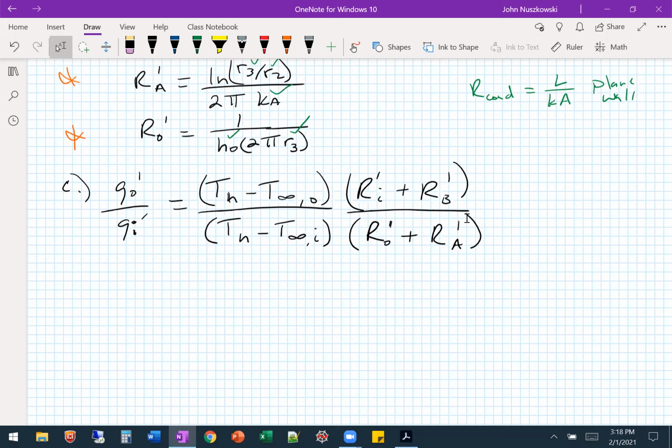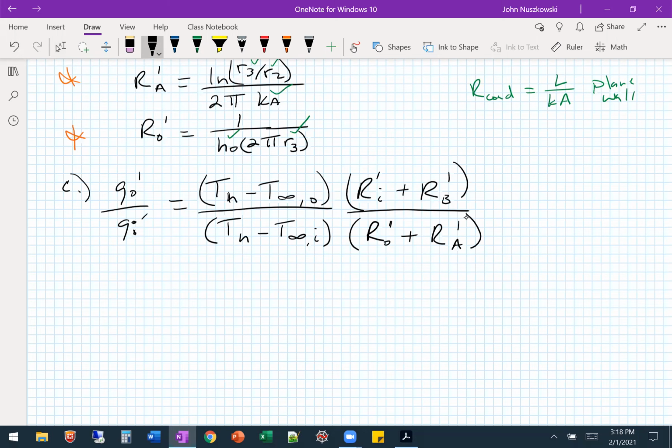Can we decrease T infinity outer? Yeah, that would be a way, though you would want to increase the outer temperature. But let's assume we can't mess with the temperatures at all.